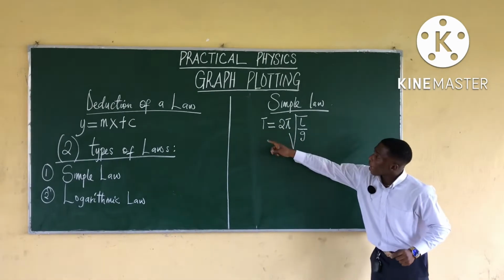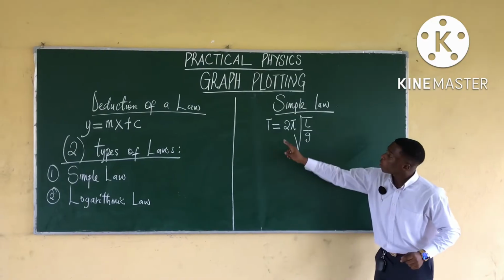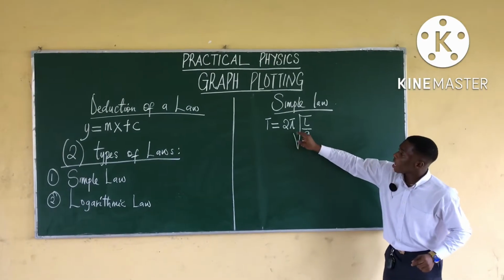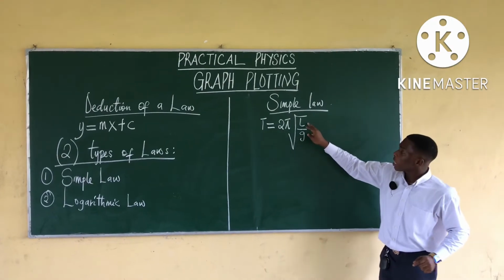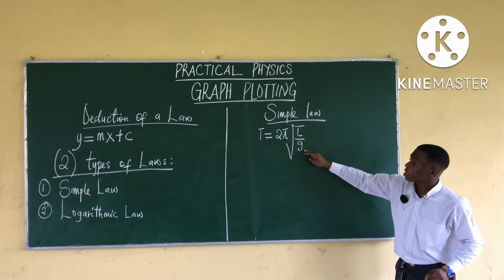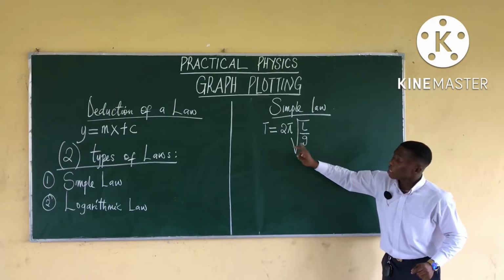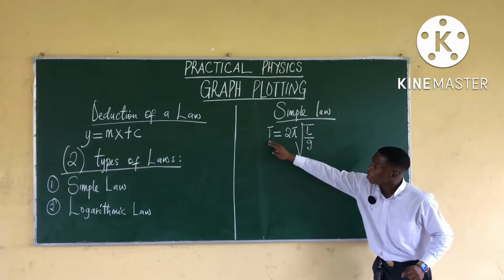Look at this law. I have that T, the period, is equal to 2 pi times the square root of L over G. This L is the distance, this G is a constant, 2 pi is one revolution and T is the period.